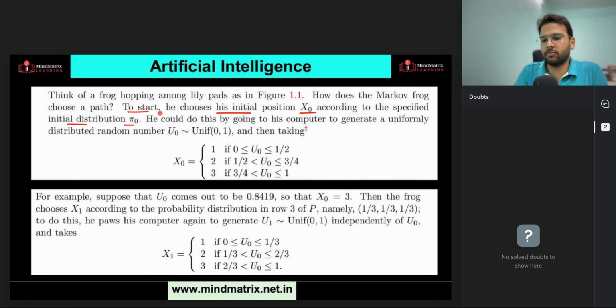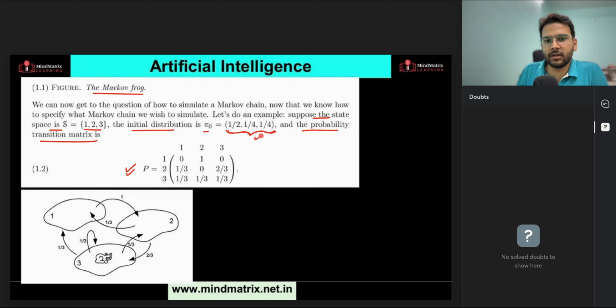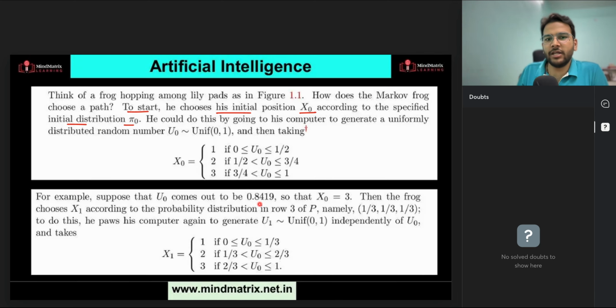This is the pi 0 given to you, and he chooses the initial position x0. Now what can x0 be? It may be state 1, state 2, or state 3.